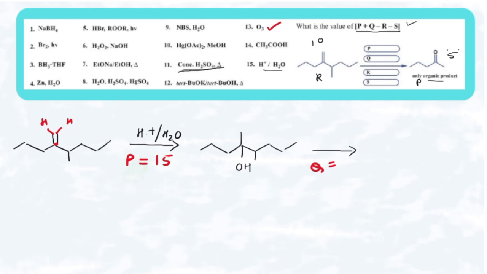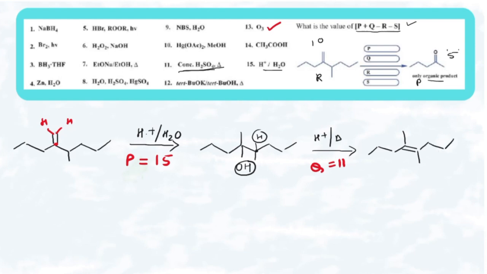Concentrated sulfuric acid. So in presence of concentrated sulfuric acid and heating condition, this will undergo dehydration, but this time we are going to remove hydrogen from this carbon and OH from here. So it will undergo dehydration to form an alkene like this.